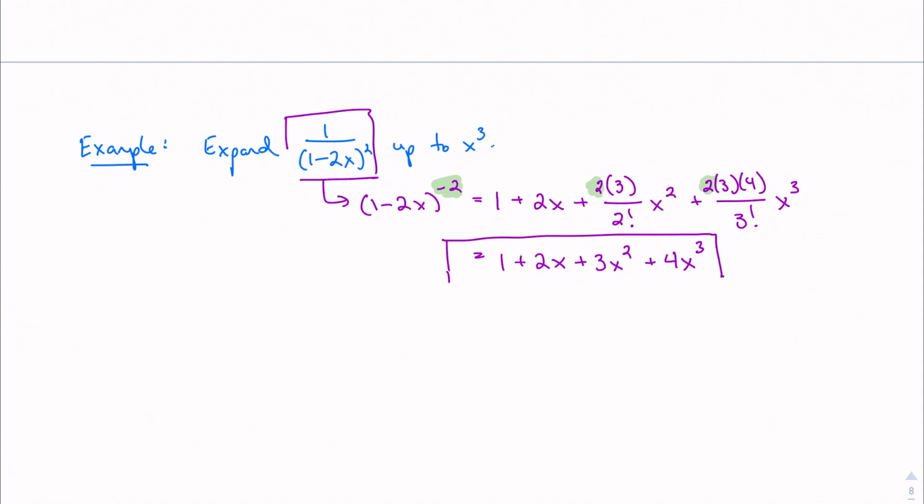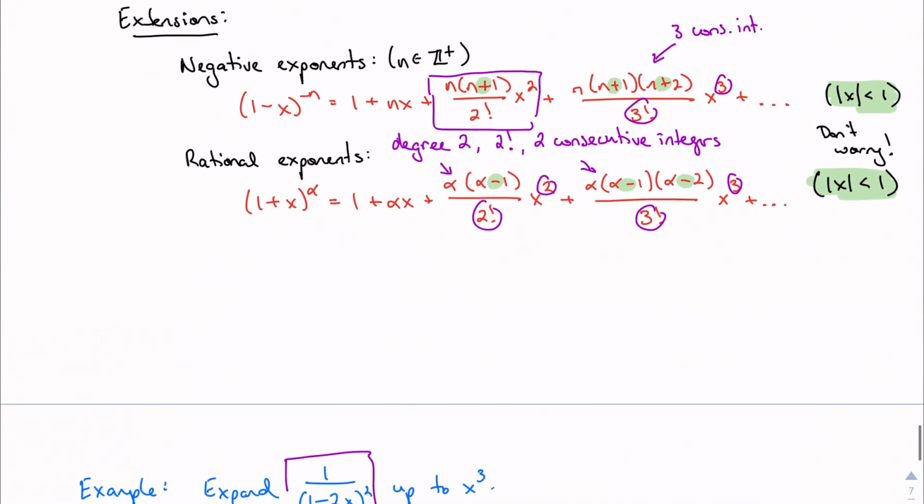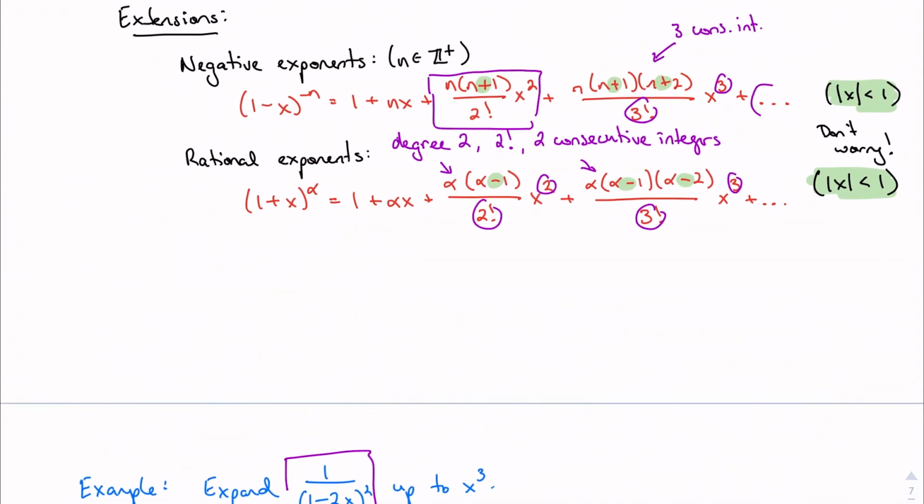This could be an infinite series if we want it to be. I could tell you to go up to whatever point you wanted. But I have to give you a stopping point here because the degree of my polynomial, my negative 2 here, doesn't actually give me an accurate stopping point. And it has to do with the way that we've defined our formula. You can tell from the ellipsis here that this is an infinite series.